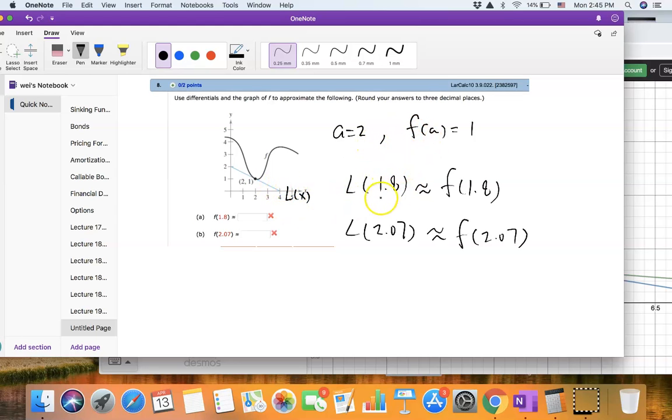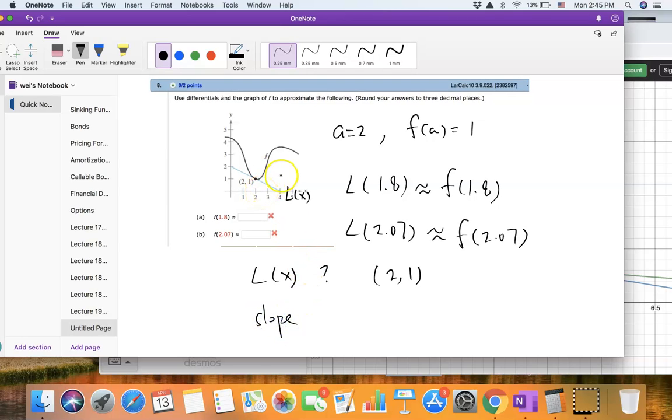So this will require us to know the equation of L(x), because we know the point (2, 1) is contained on L(x). So the only thing we need is the slope of this straight line.